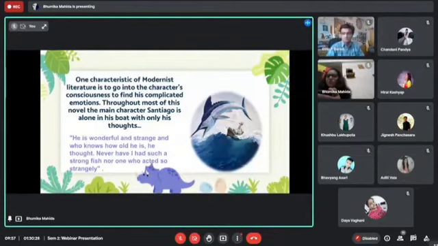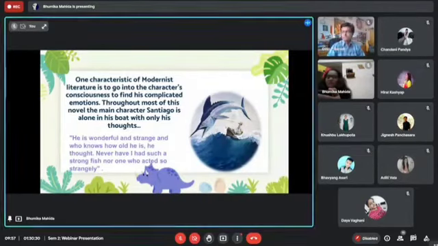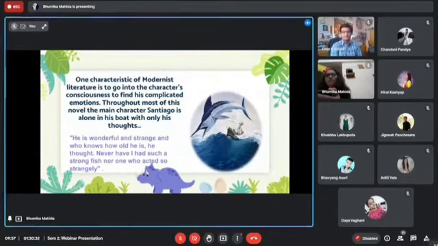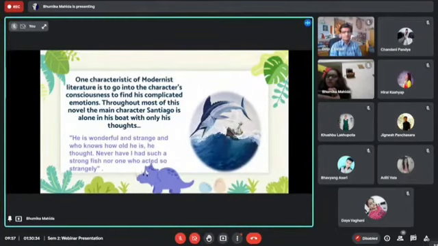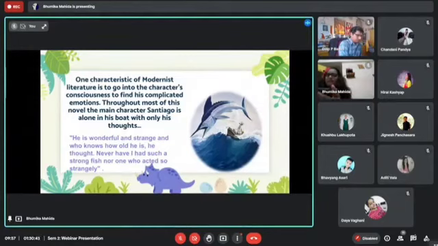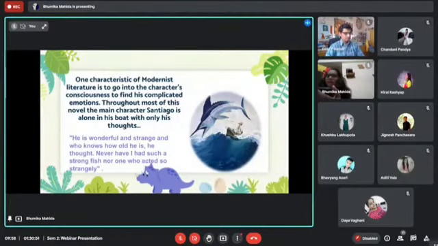Throughout most of this novel, the main character Santiago is alone in his boat with only his thoughts. This sentence is uttered by Santiago: He is wonderful and strange, and who knows how old he is, he thought. Never have I had such a strong fish, nor one who acted so strangely.